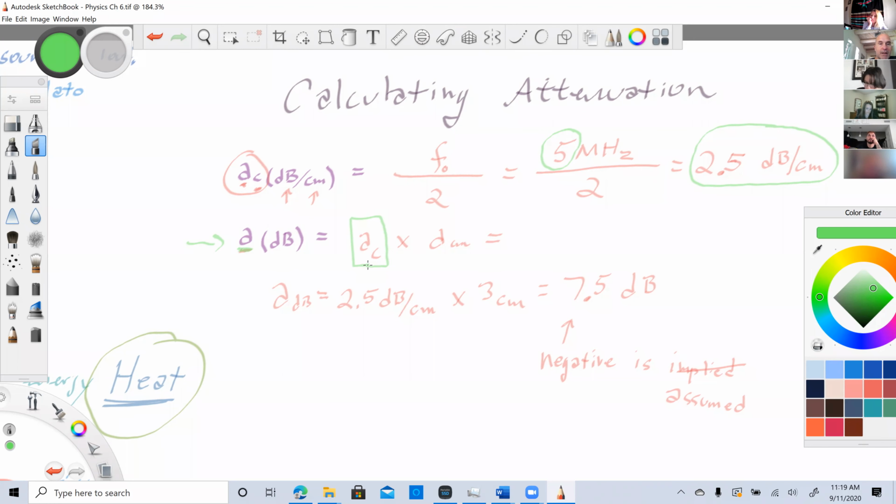Okay, 5 megahertz transducer, now I have to go back and find the attenuation coefficient by using this very easy formula: frequency divided by 2. Find that. Oh, and of course, when we work it down to here, I forgot to cancel my centimeters, which is why we end up with decibels only.